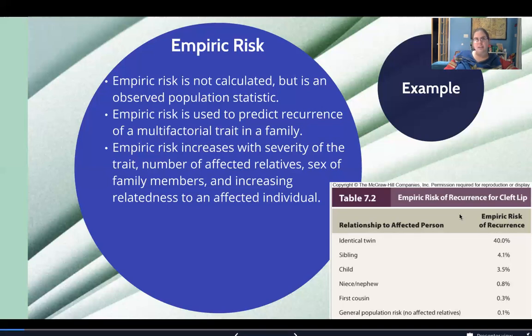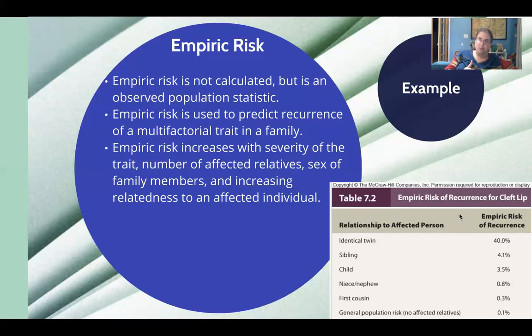So that indicates that there is some genetic factor involved, but it is not a guarantee. And then as we get farther away, being siblings, child to someone with one, being the niece and nephew of someone with cleft lip, as we get further away in terms of relatedness, then you see the percentage, the likelihood, dropping off.